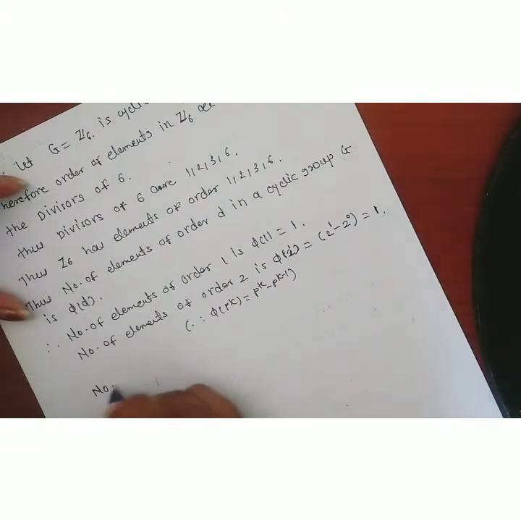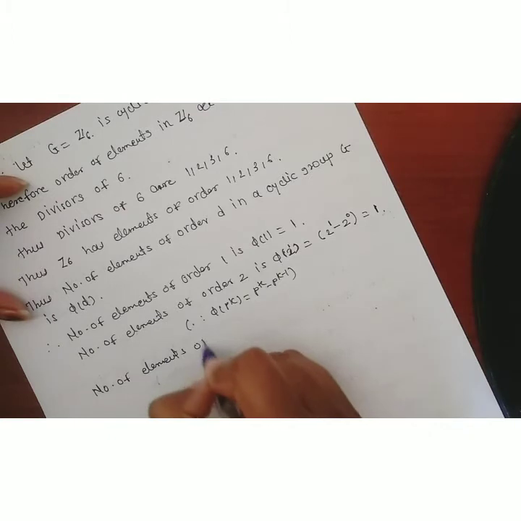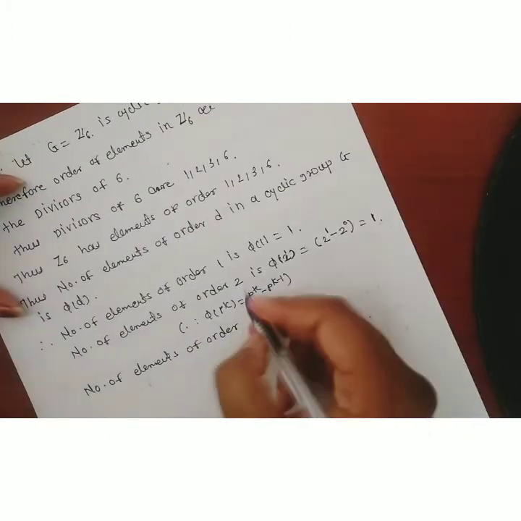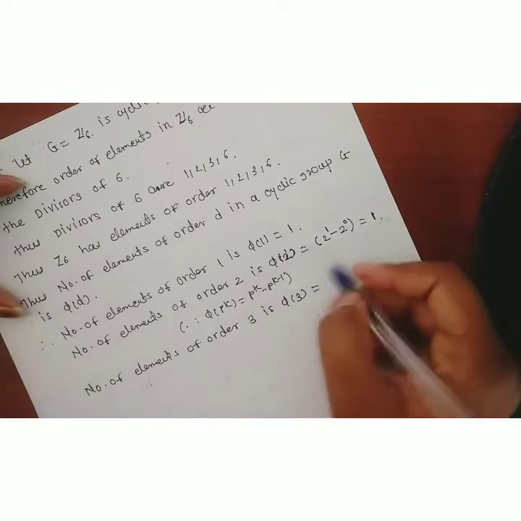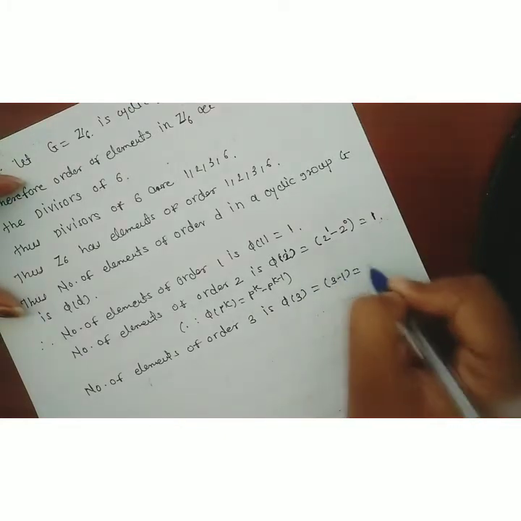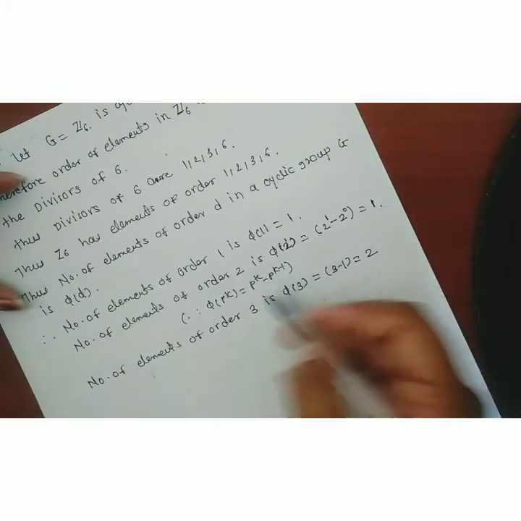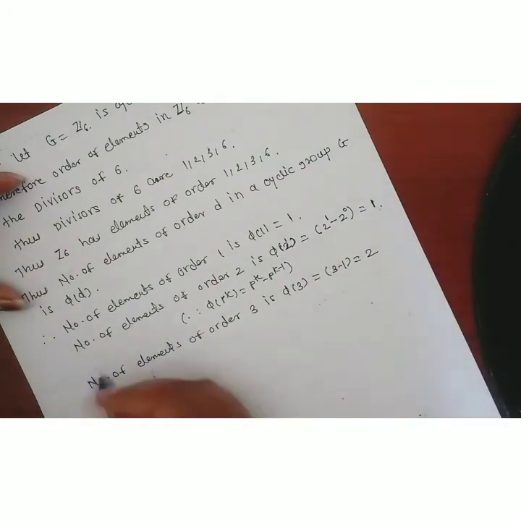Now the number of elements of order 3 is phi of 3. What is the value of phi of 3? Phi of 3 is 3 minus 1, which is 2, by using this formula. So the number of elements of order 3 is 2.